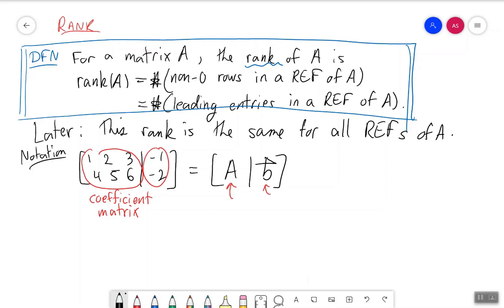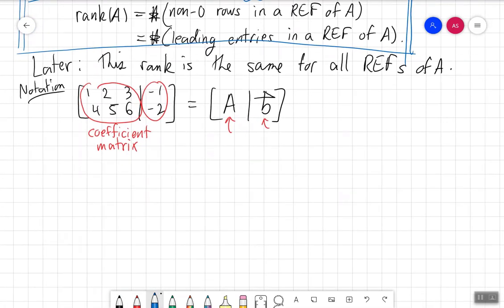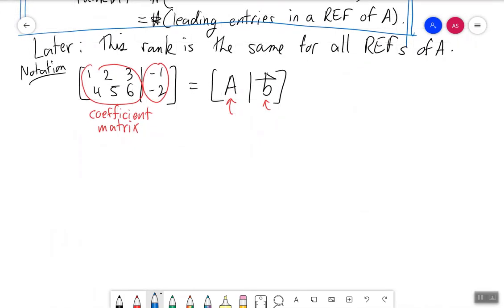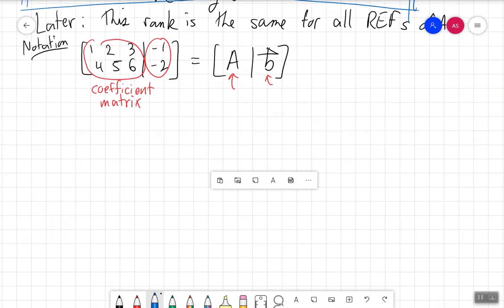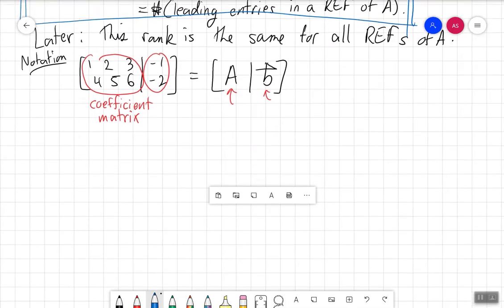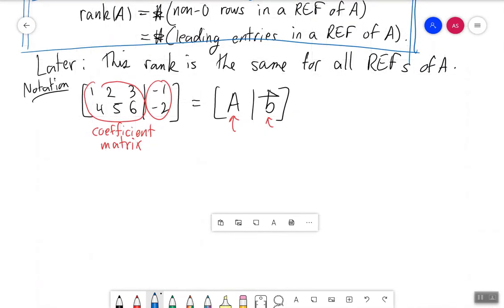All right, so why do I like the rank so much? That's something we'll begin to see from the following theorem. Let me move things up a little bit. Maybe we'll move it down a little bit so you can see the definition of rank. There we go. All right. Theorem, and this is theorem 2.2.